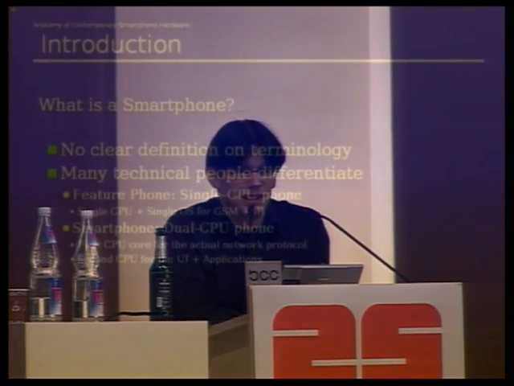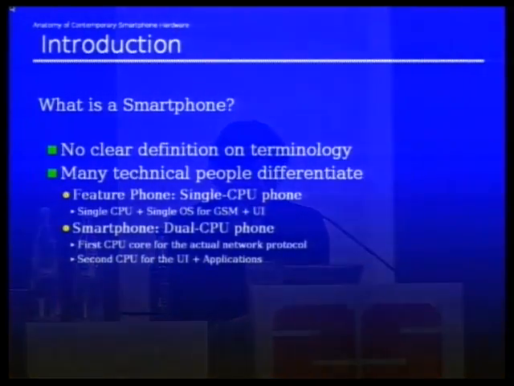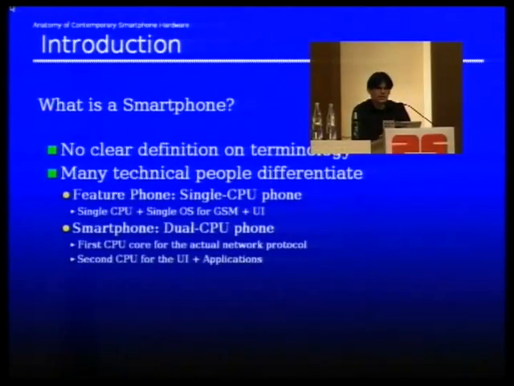So smartphones, what are smartphones? Unfortunately, there's not a very clear terminology. Oh, a smartphone is a phone that has email, but then how many phones don't have email today? It's not really a clear definition. So many people in the technical community say a feature phone is something that has a single CPU, a single operating system, where the entire GSM stack plus the user interface plus all the applications run on a single CPU.